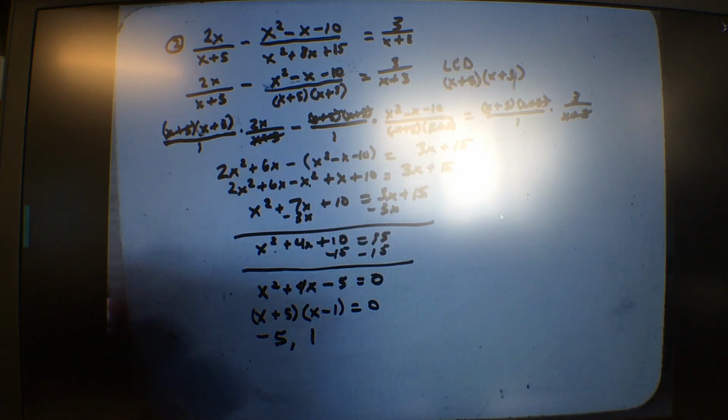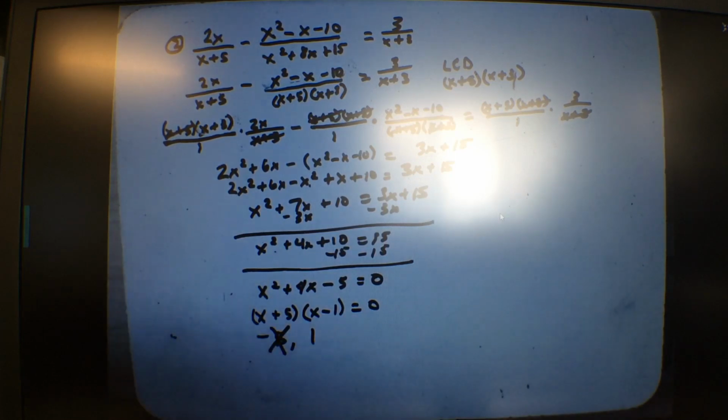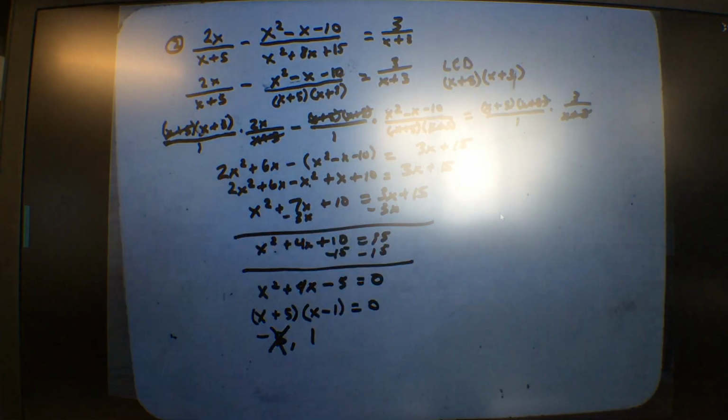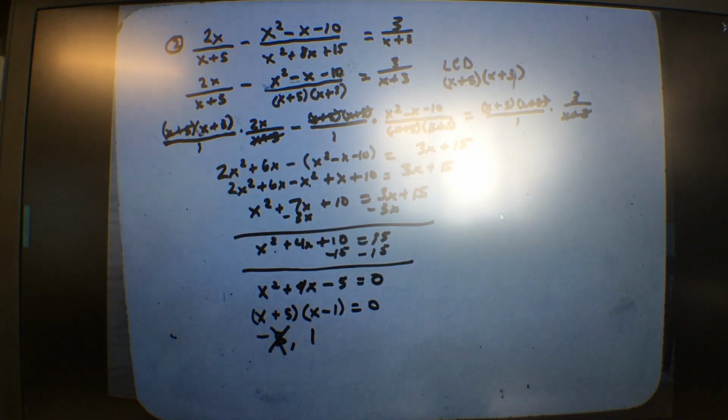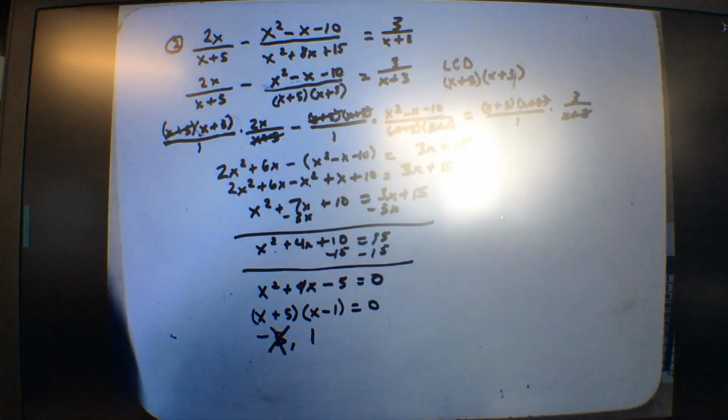But Bo told me that negative 5 could not be used. Why? Because it was in the denominator. That's right. So this is out. My answer is 1. Is it possible that none of your roots will work? Yes, it is possible. And then you just write no solution. CJ, do you have a question? I was wondering. Never mind. I got it. You got it?